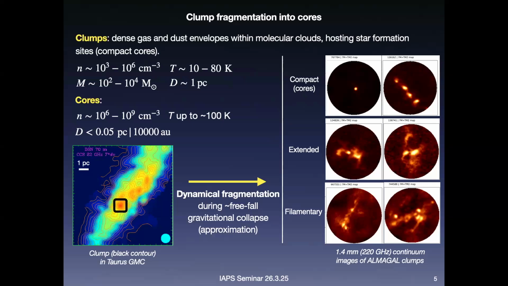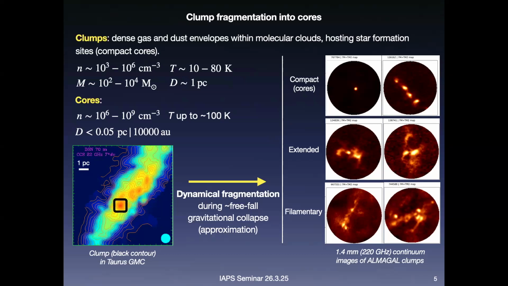Of course, this is a simple approximation since we actually know that other effects and processes and forces can have an influence on the process, mainly depending on the local conditions. For example, also magnetic fields, turbulence effects, and feedback effects between the various scales. So this is a simple approximation.